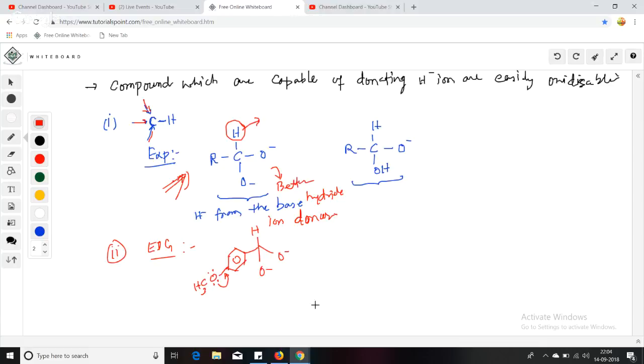If you compare these two compounds, O minus, O minus, and H, and one more compound, O minus, OH, H, and the last one with NO2 here.